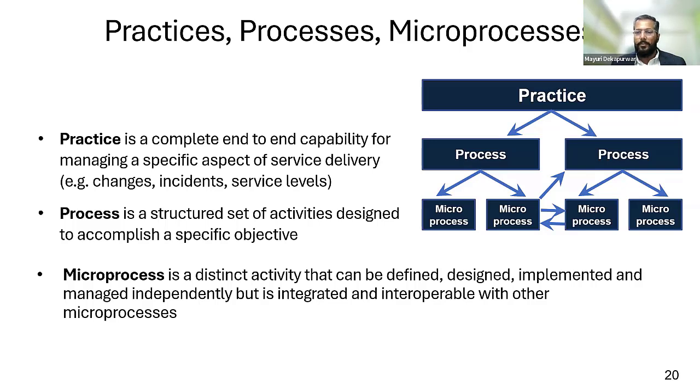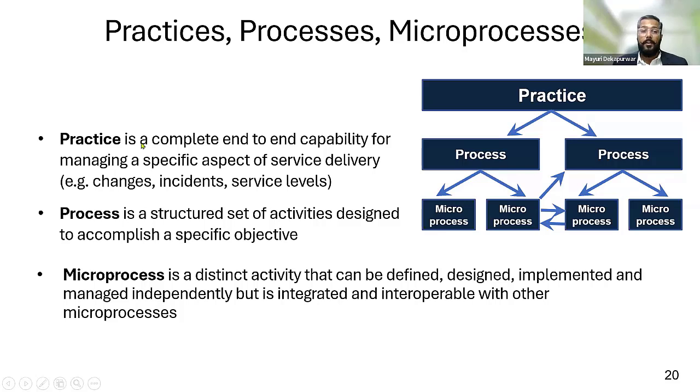So that is one of the processes. Within that, there could be multiple microprocesses. Each feature in that incident management could be like categorization of the incidents. You're going to categorize it, prioritize it. Those could be treated as microprocesses for that particular incident. So that's more of a microprocess architecture.